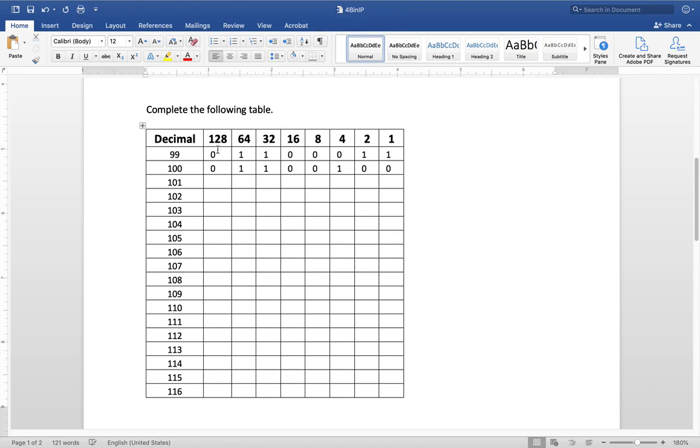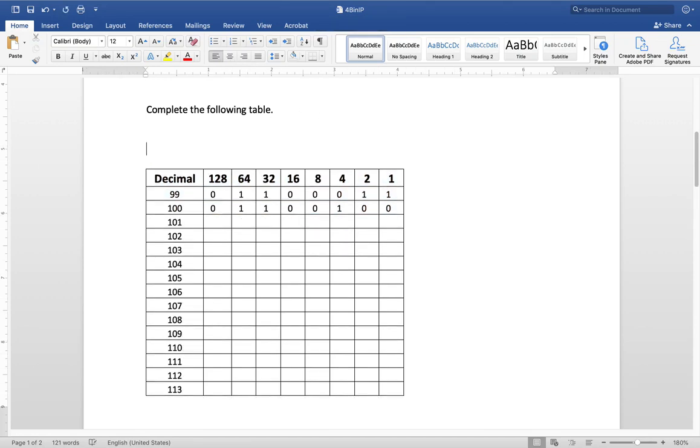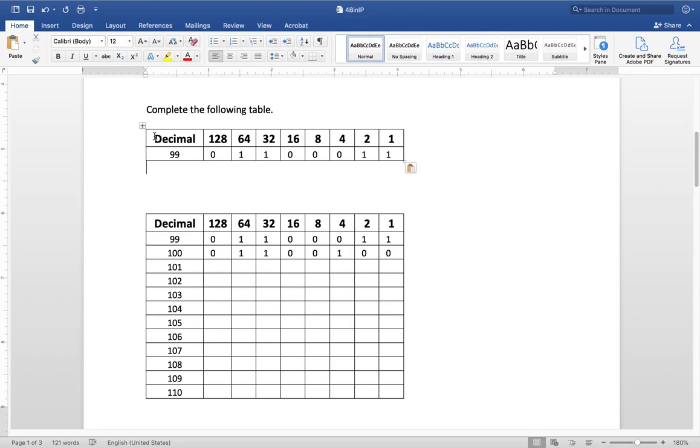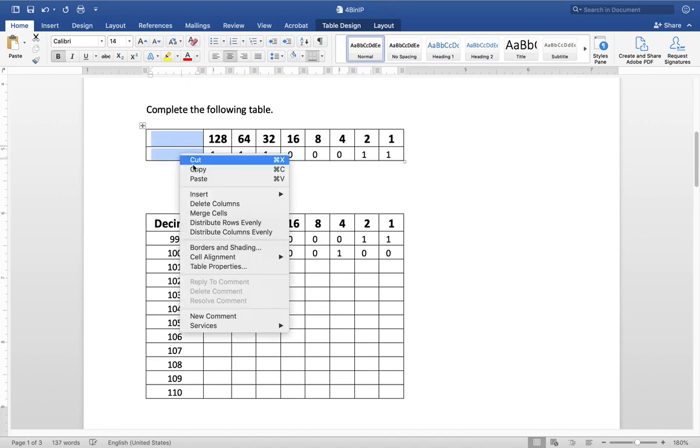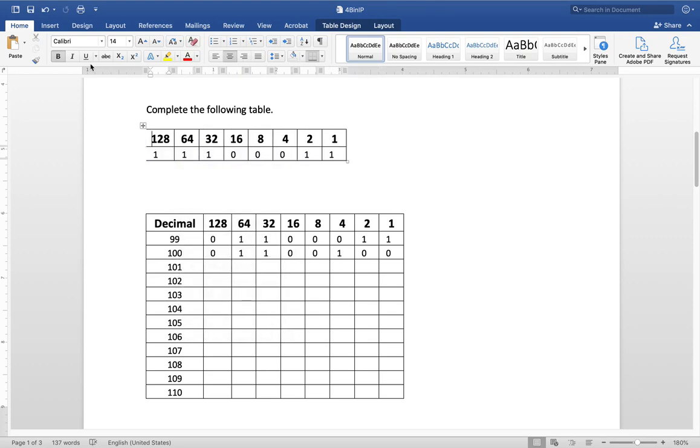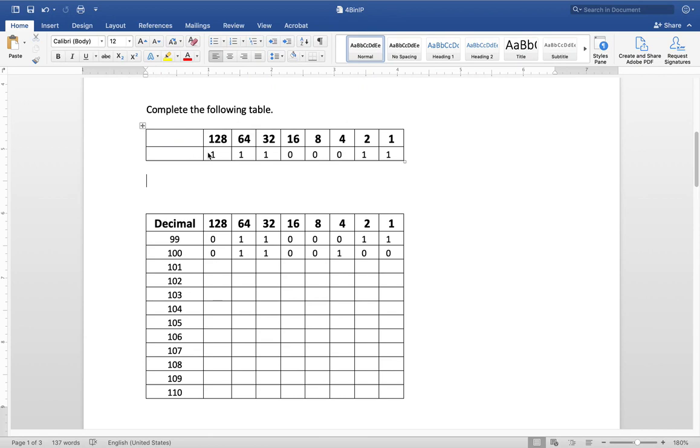So first of all, let's say you want to convert a binary number to decimal. Let's say you're given this 8-bit binary number. How would I do it? I'll add all the numbers if there is a 1 below it.